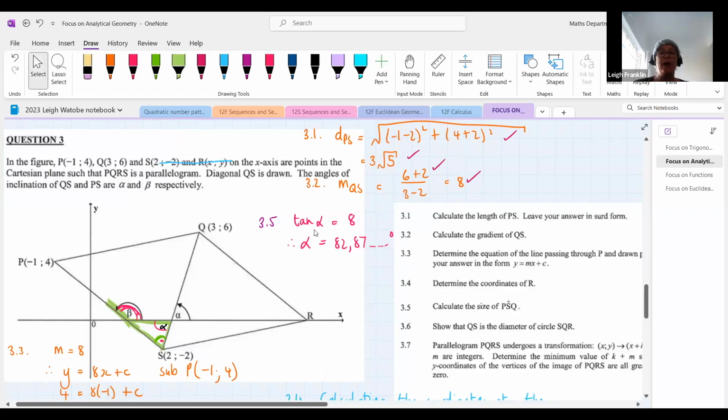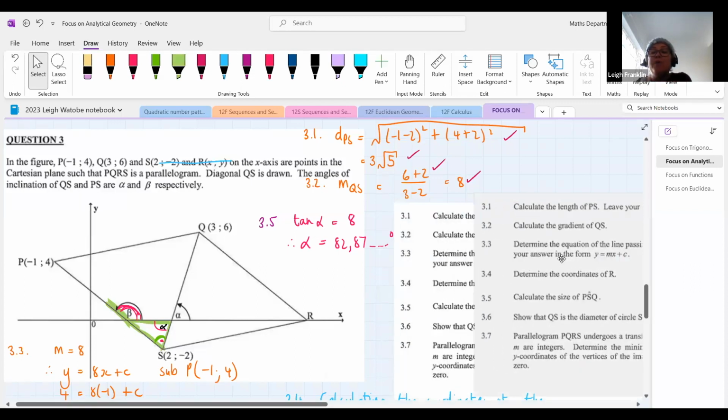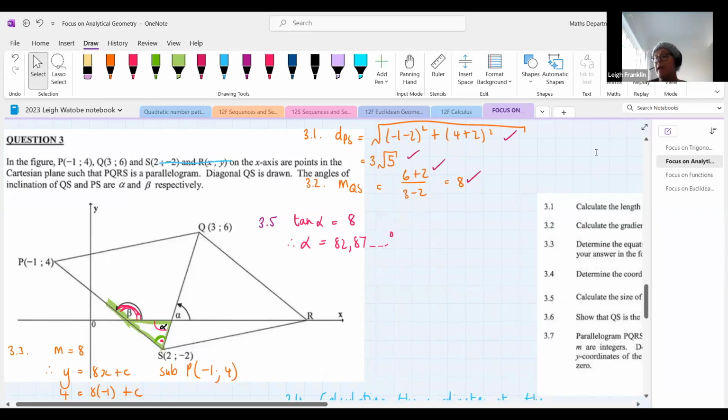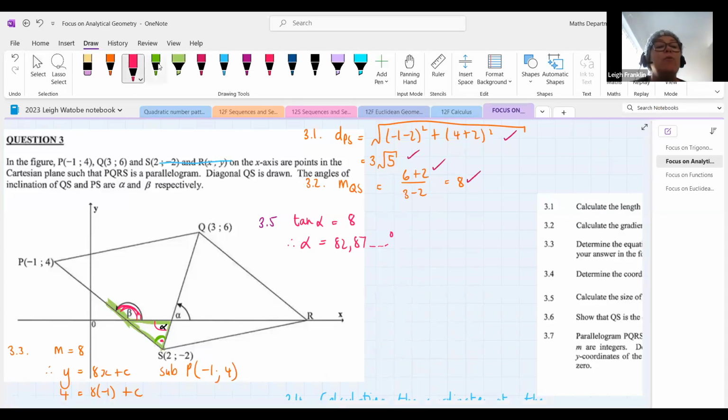Then I want to work out beta. Here, beta is the angle of inclination of a line with a negative gradient, so I'm going to have to do what we were talking about in the previous question, where I would calculate the PAA or the reference angle. Tan beta is the gradient of line PS, which we have not calculated.